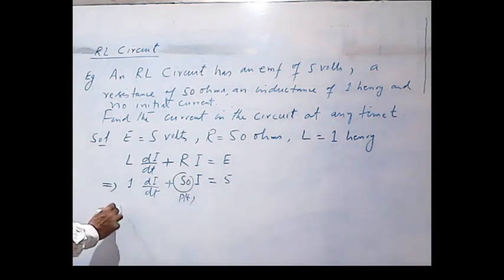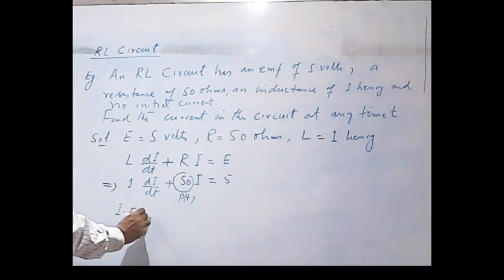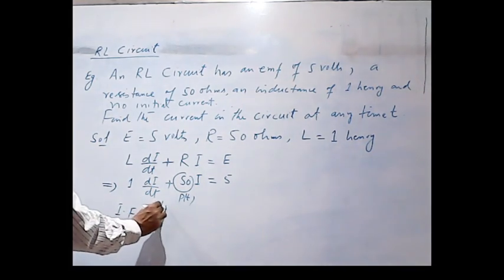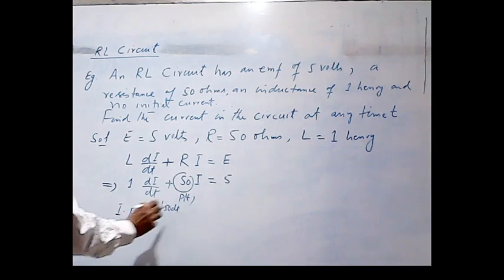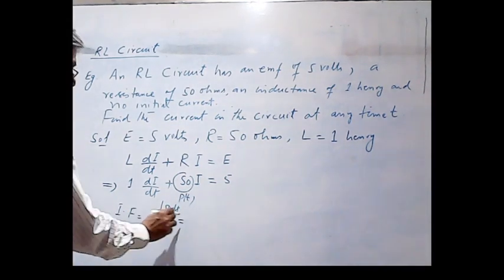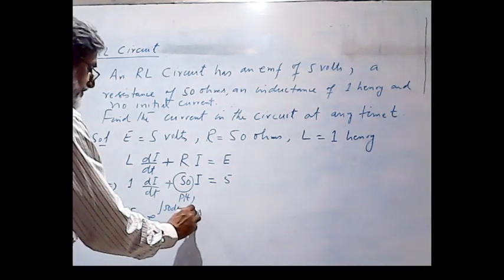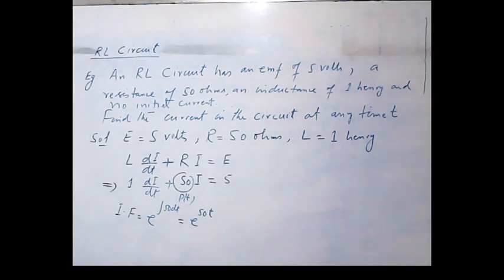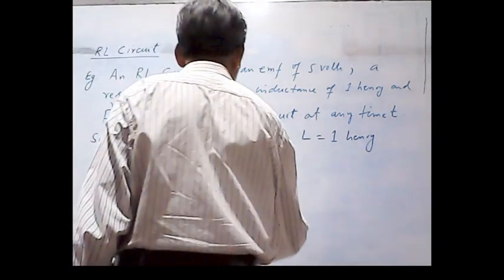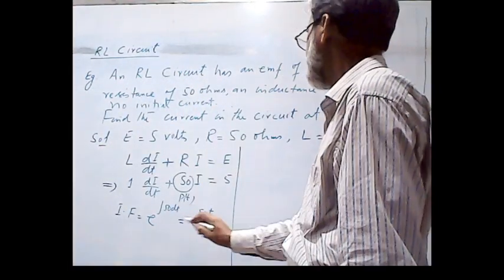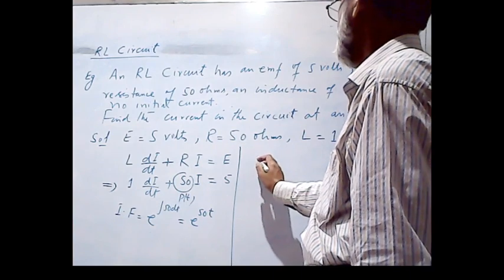Then find the integrating factor, e to the power integral 50 dt. 50 is constant, so it is just e to the 50t. This is the integrating factor.